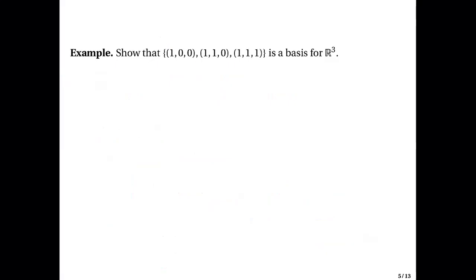So this is for number 2. Take note. Linearly independent. Suppose K1 (1, 0, 0) plus K2 (1, 1, 0) plus K3 (1, 1, 1) equals the 0 vector.